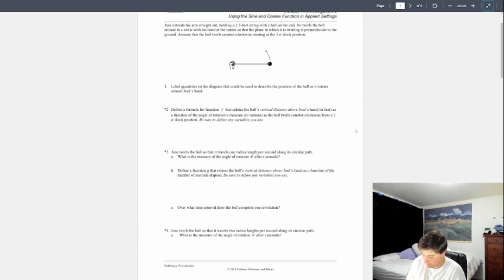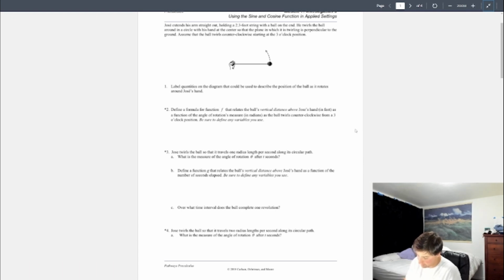Formally, theta equals 1 radius length per second times t, which is seconds.